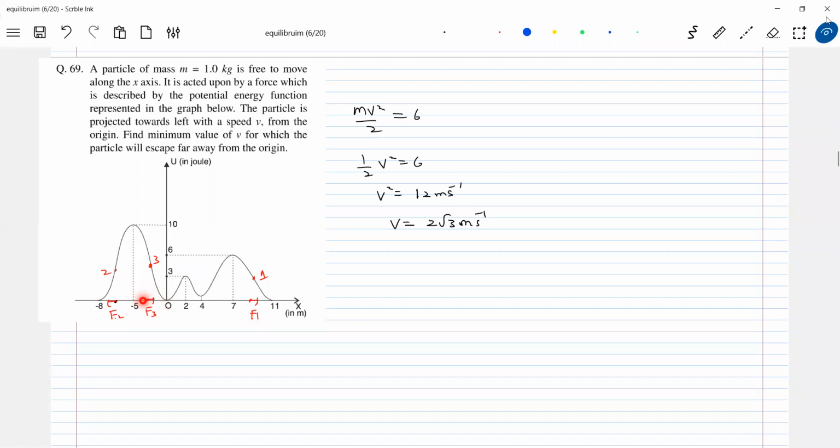The force will act, that force will accelerate it and make it pass through. So first, I think remove that towards left. Just analyze the problem. If you project towards left, it is still 10 joules. So even if you project with 6 joules towards left, what happens? The particle cannot reach here, but it will reach somewhere here.